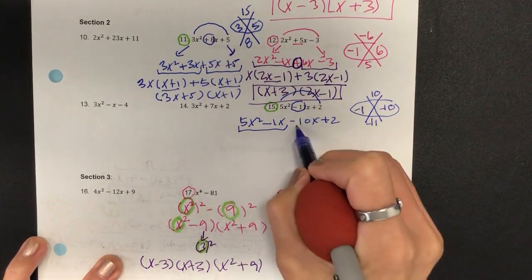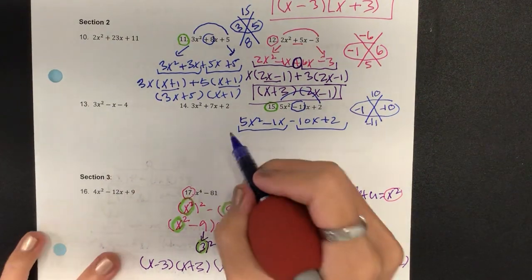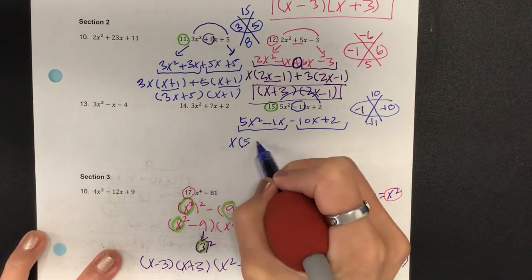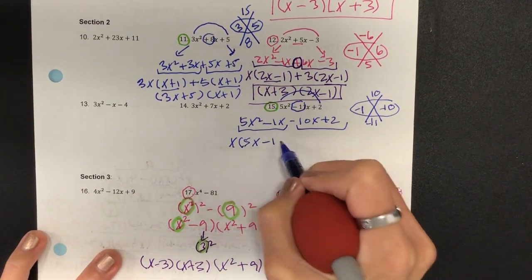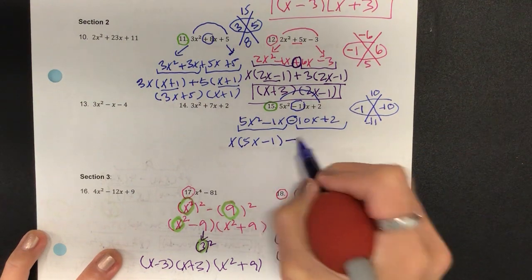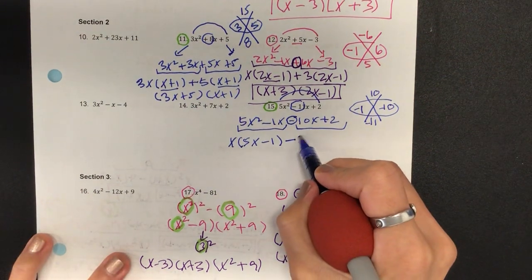And then we group. What is common between the first group? Not a number, but the x. Very good. So I have 5x minus 1. Now, because this middle value has a negative, I am forced to take out a negative. So between 10 and 2, what is common that I could take out? 2.